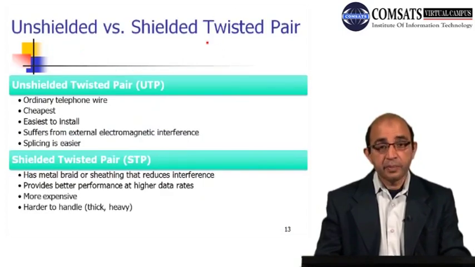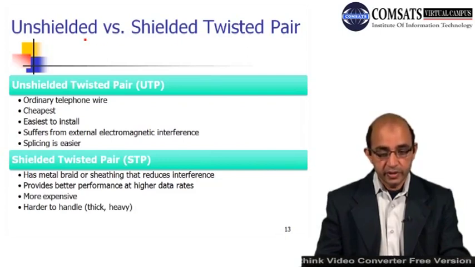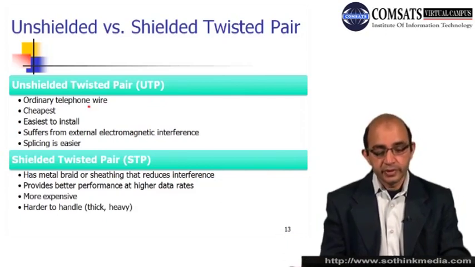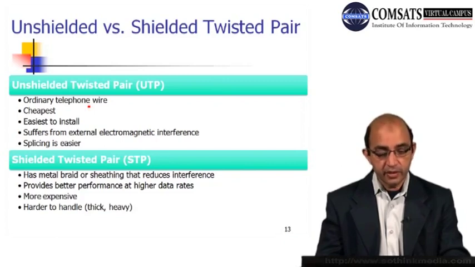So here we have the comparison, right? We have two different types of twisted pairs, unshielded and shielded, right? In the case of unshielded twisted pair, that is called UTP, we can use that UTP in ordinary telephone communication.